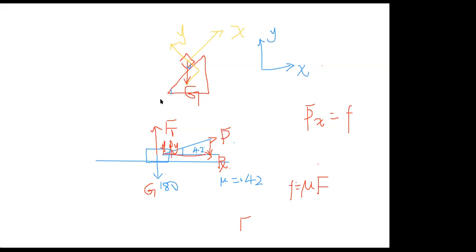Now I change to a different color, this is for the horizontal X direction, right? Okay, so here we have F. So this is all the forces. And in the Y direction, we know G is pointing downward.